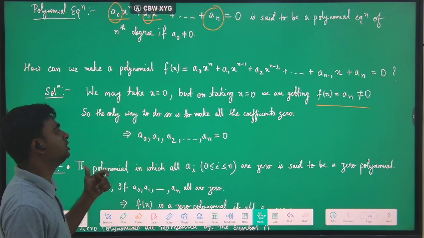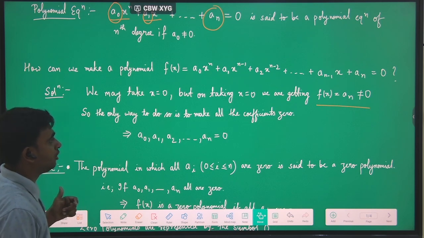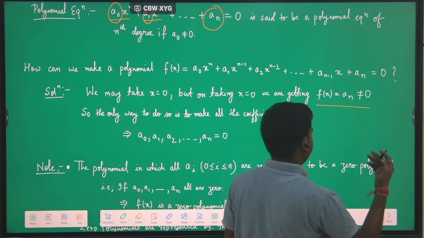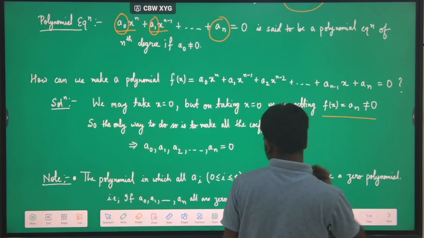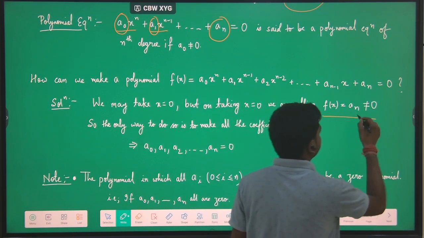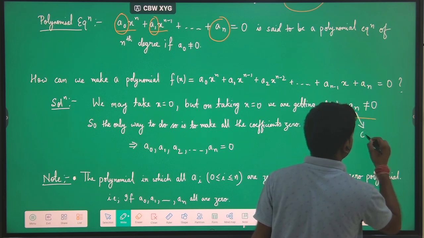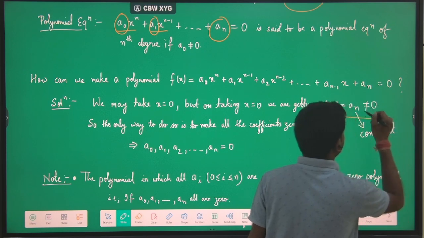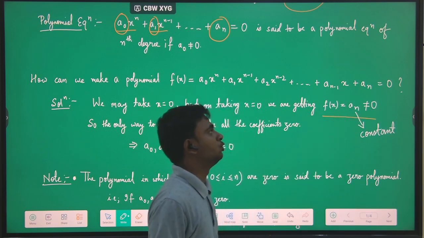Whenever we take x equal to 0, whatever we get, f(x) is equal to an. What is an? An is a coefficient, a type of constant in which the degree of x is 0.